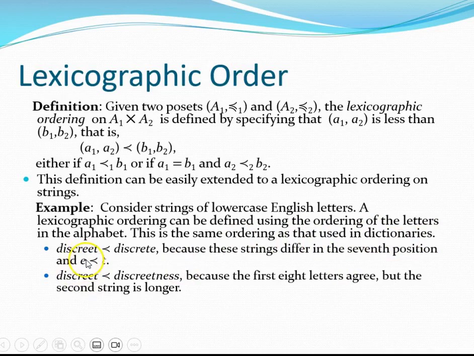For example, discreet is less than discrete because these strings differ in the 7th position for the first time, and e in the first string is less than the 7th letter, which is t in the second string.